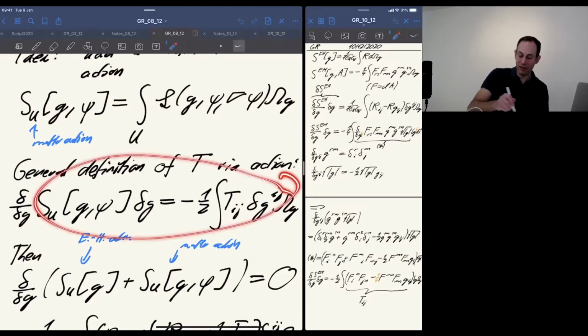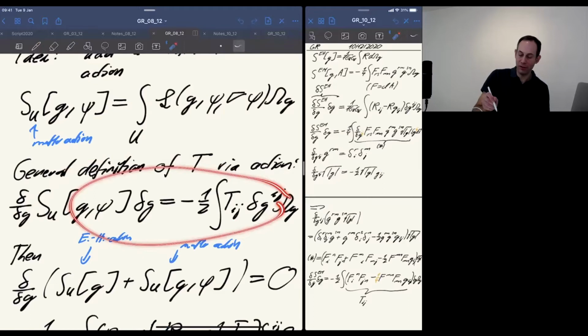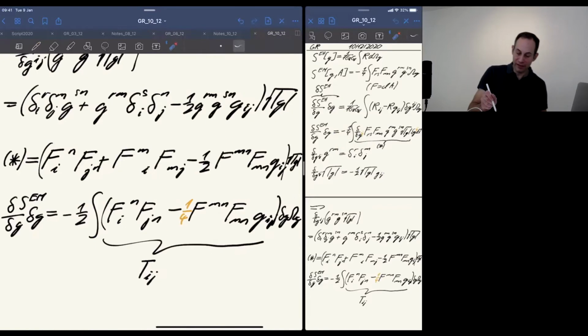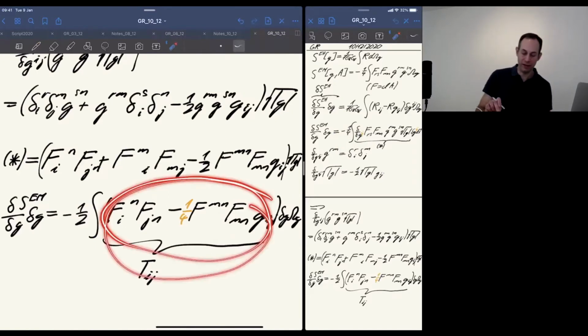This equality also has a -1/2 in front, so whatever is in the integral in front of the variation has to be the electromagnetic field tensor. So this is indeed compatible with the general definition I gave you.